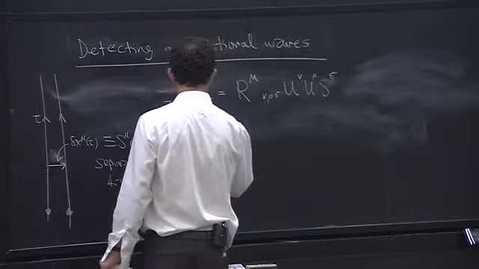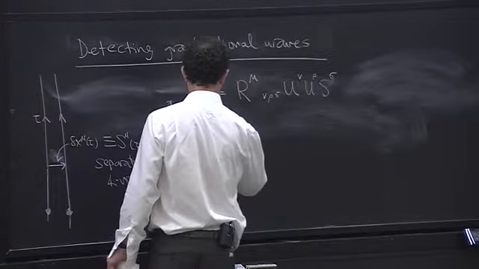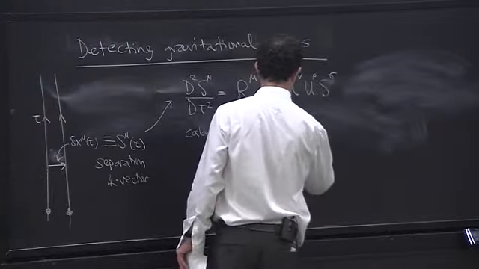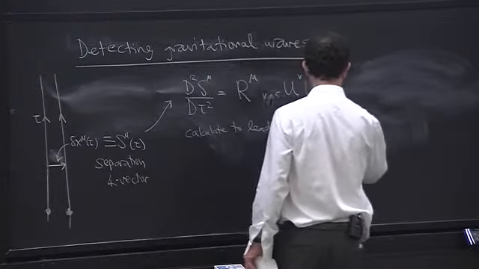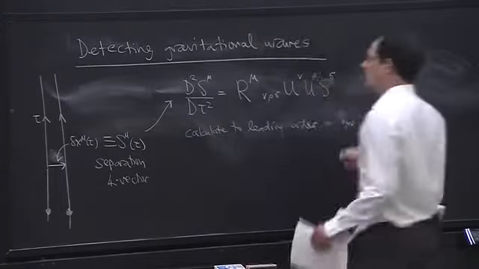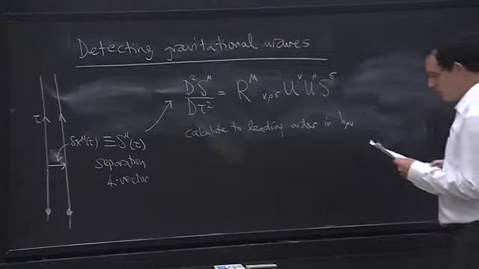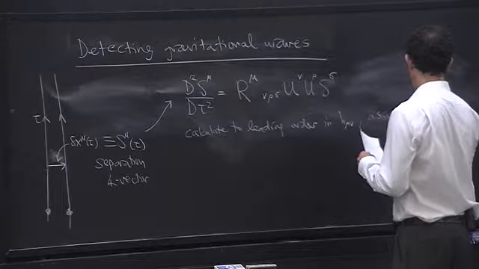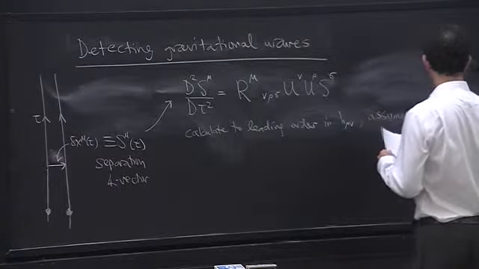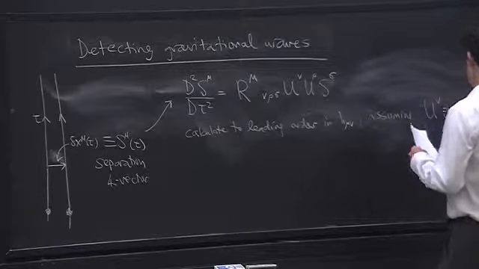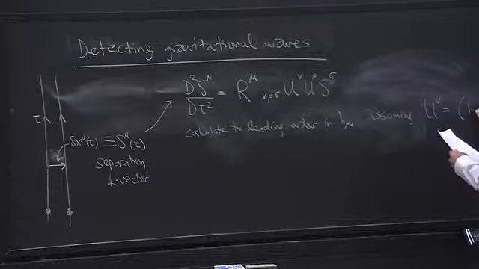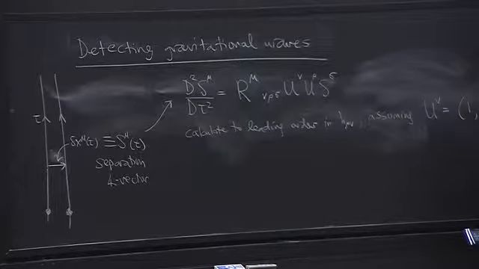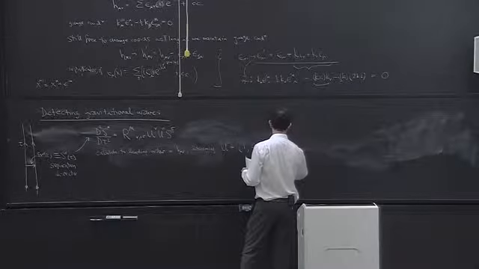Now, we're going to calculate to leading order in h mu nu, so just linearized theory, assuming u nu equals (1, 0) to lowest order, that's to 0th order.